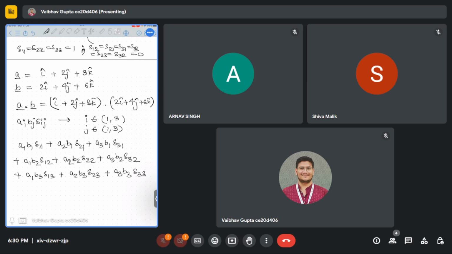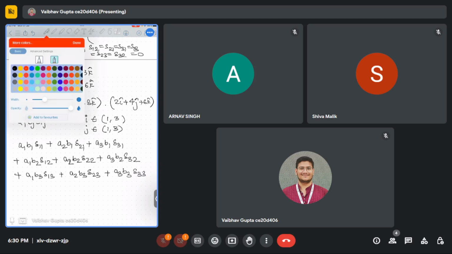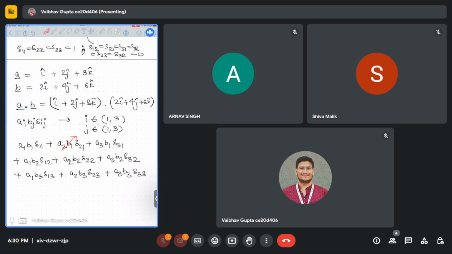Now you can see this term goes to 0 because delta 2 1 is 0. This is 0, this is 0, this is 0, this is 0, this is 0. So now we are left with A1 B1 delta 1 1 plus A2 B2 delta 2 2 plus A3 B3 delta 3 3.